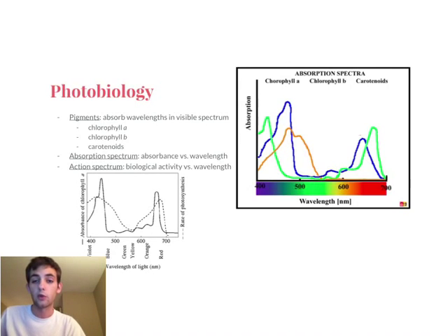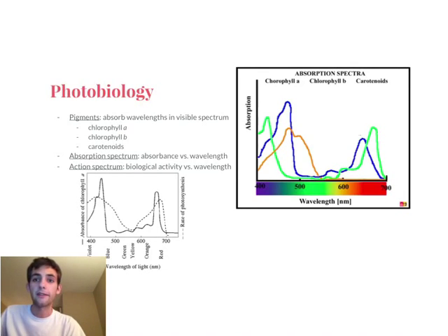The biggest one is chlorophyll A, and we're going to talk about that in just a minute. We also have accessory pigments, or pigments that can transfer light energy to chlorophyll A. The most common ones are chlorophyll B and carotenoids. There are a couple of different examples depending on what type of plant you're looking at.